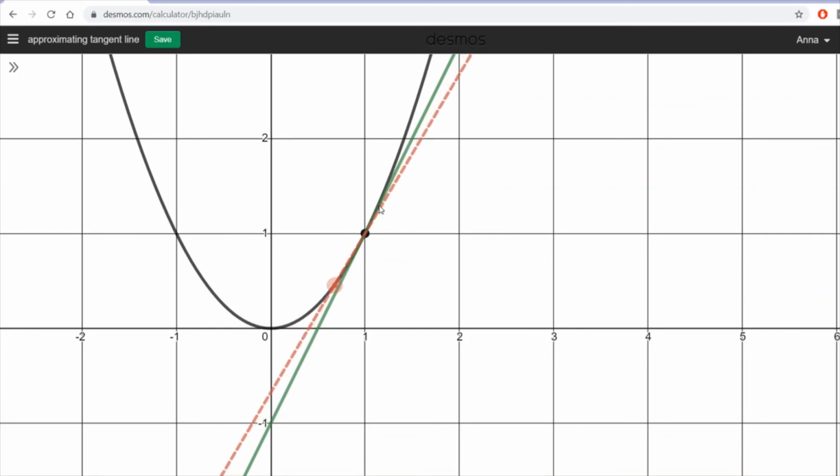We picked 2, 1.5, 1.1, 1.01, but you could have also done the secant line from 0 to 1, and then 0.5 to 1, and then 0.9 to 1, and then 0.99 to 1. It doesn't matter what side of 1 you're on. What matters is that you're picking values that start a little bit further and then get closer and closer to that original point.